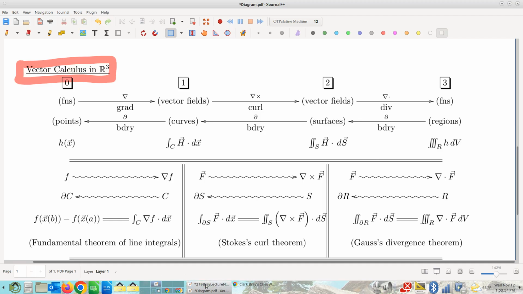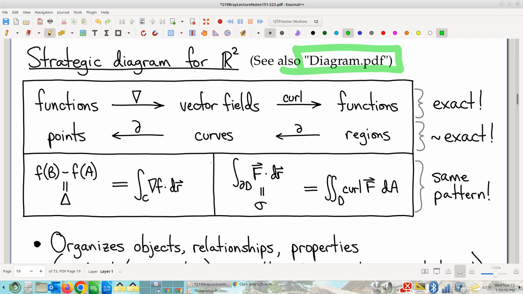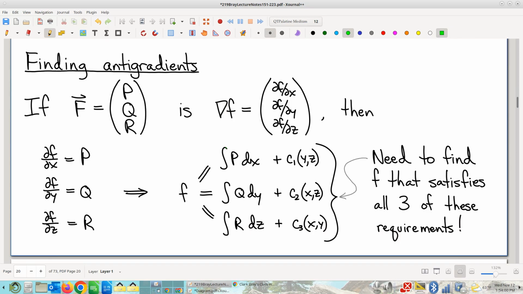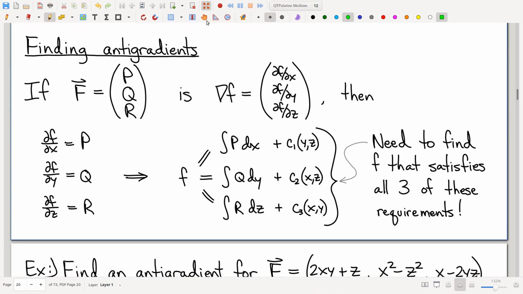Okay, let's see here. Back to where we were. Okay, we've talked through all that stuff I wanted to do. On to finding antigradients. I'm going to go full screen now. So this is fulfilling a promise that I made you all a while ago. Remember, we did an example, our very first example using the fundamental theorem of line integrals.